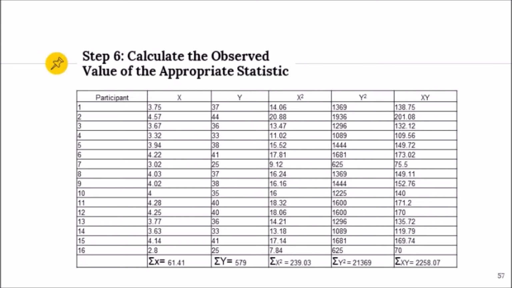We can see that there are 16 participants, and the values of X and Y were also plotted in the chart. We also see the squared values of X and Y and the values of the combined X and Y. In the last column, we see the sums of the values of X, Y, X squared, Y squared, and XY amounting to the following.